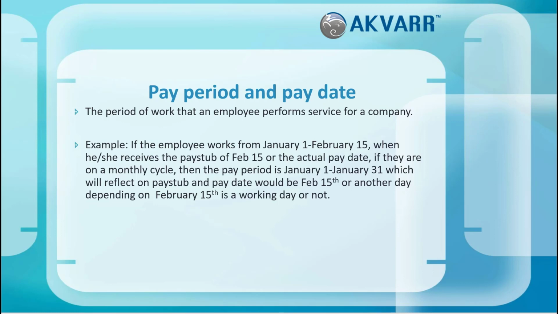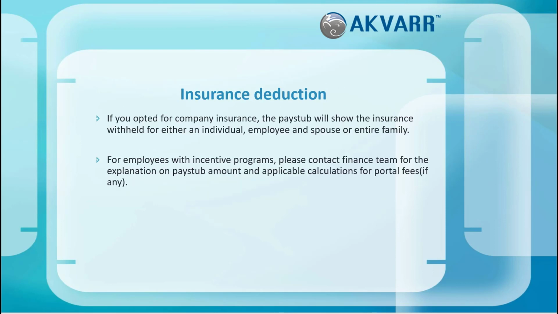The pay period of January 1st to January 31st will reflect on their pay stub, and the pay date would be February 15th, right? So that's the way the pay period and the pay date work.